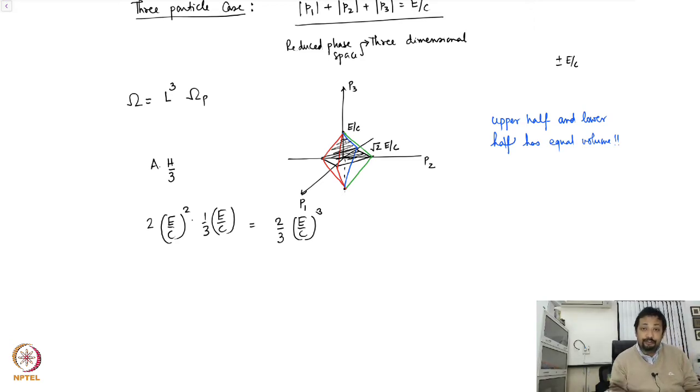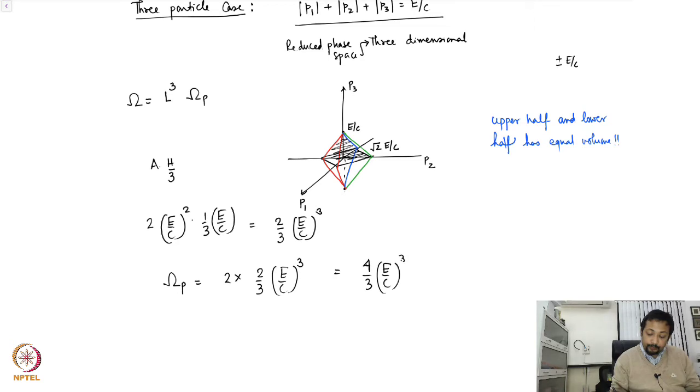But this is only half the volume, so the total volume in the momentum space is going to be 2 into 2 by 3 (E by c) whole cubed, which is 4 by 3 (E by c) whole cubed. Now I will multiply this with an additional 2 and bring in a 6 over here, so that I have the form 8 into (E by c) whole cubed, multiplied by 1/6.